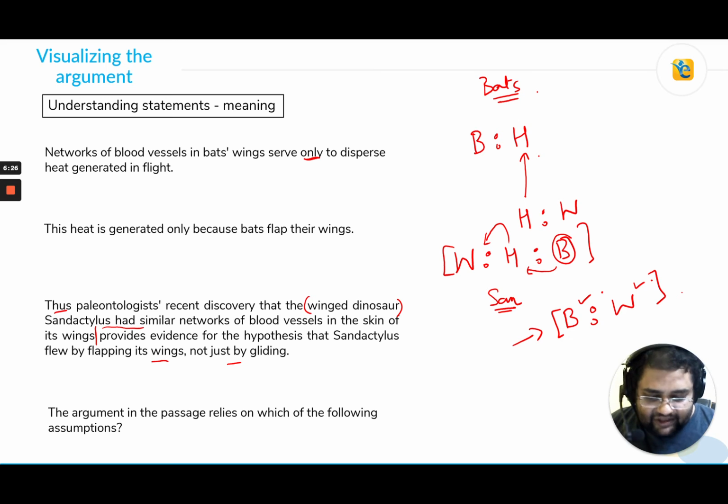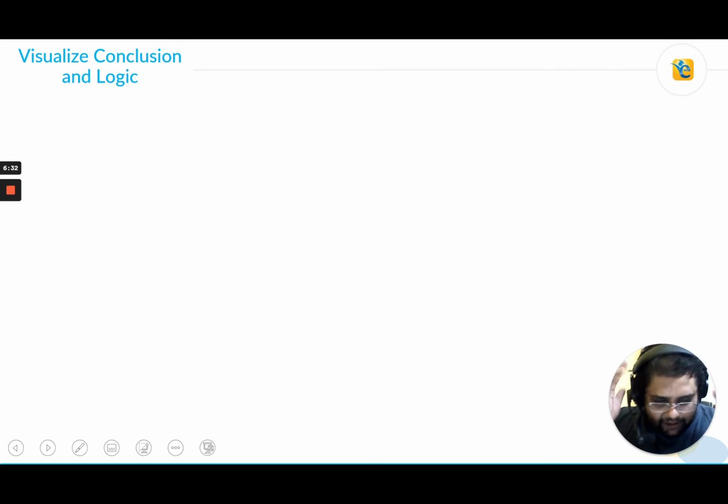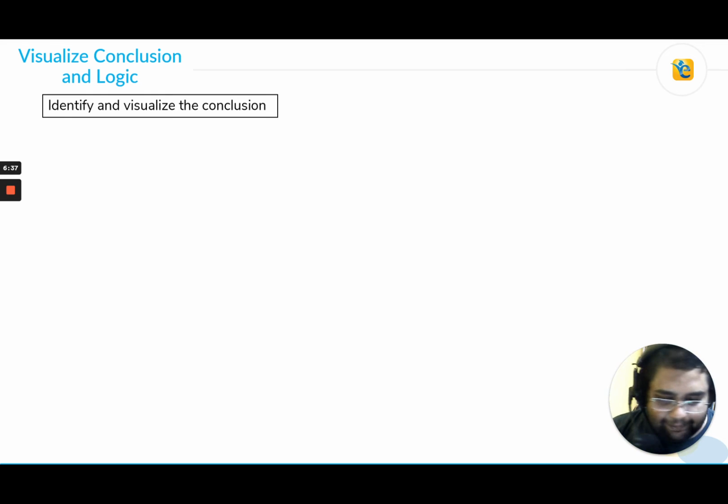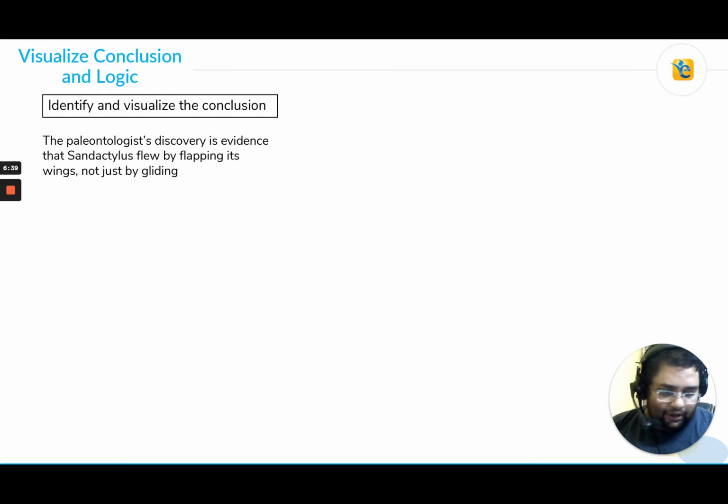Now, if this is clear, let's go to the question. The argument in the passage relies on which of the following assumptions? So it's a clear-cut assumption question. Okay. Now, let's specifically crystallize the conclusion and logic in our minds before jumping into pre-thinking. So, the conclusion is very clear.